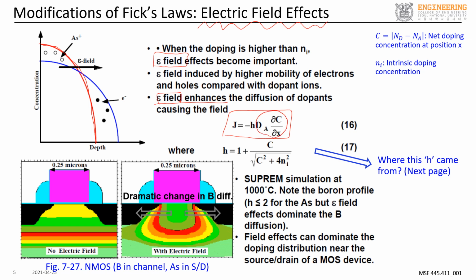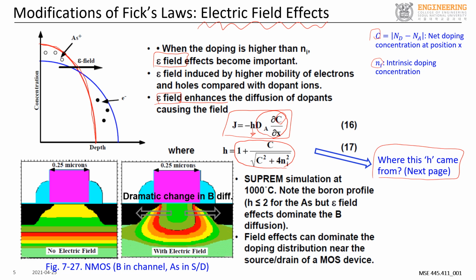This part is the same, but you add this correction term, which is H, and H approximately can be represented like this, where the C is the concentration, right? That's what's diffusing, and the Ni is the intrinsic doping concentration. So where this comes from, we are going to see on the next page.